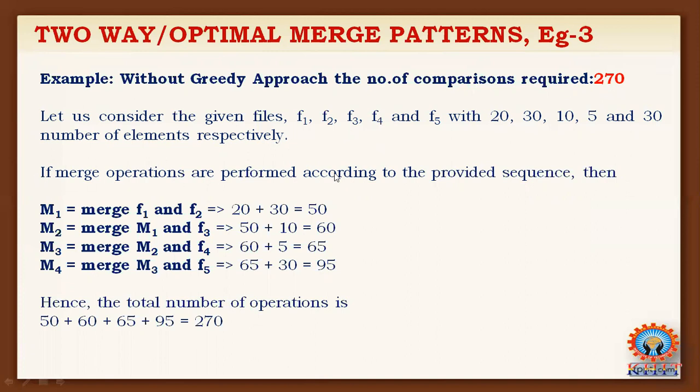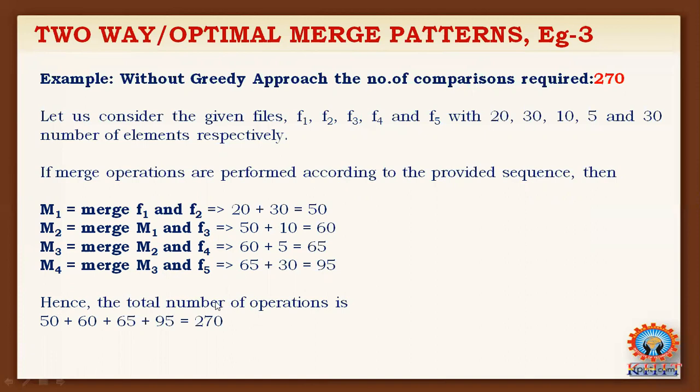Initially we can merge file F1 with F2, and the merged file will be M1. Next, merge M1 with F3, and the result will be stored in M2. Next, merge M2 with F4, and the result will be stored in M3. Next, merge M3 with F5, and the result will be stored in M4.